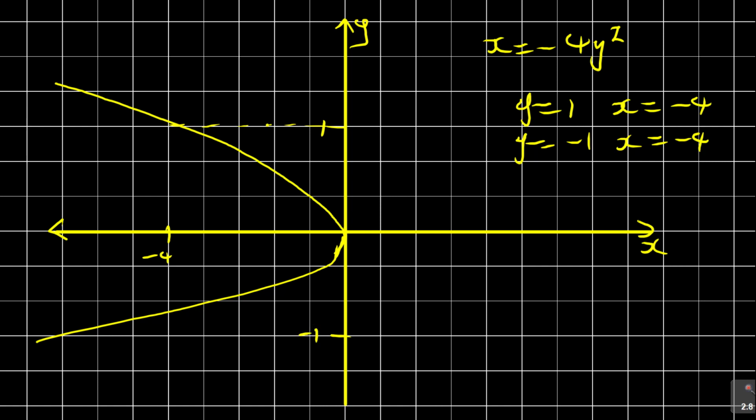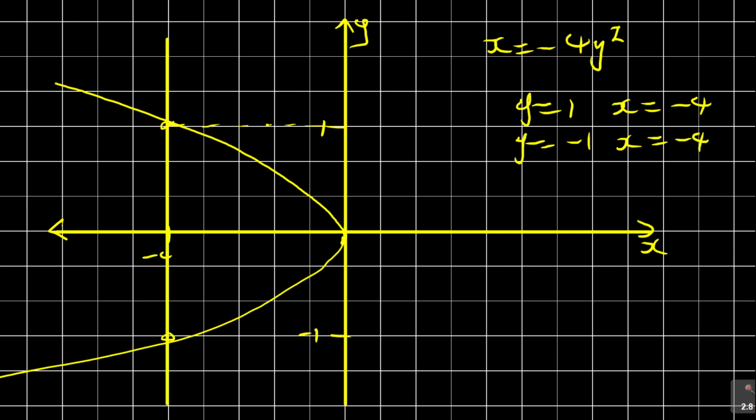So this graph is supposed to pass through these two points, that point and that point. So if I draw this graph, something like this, that is the graph, because this becomes my reference line, like that. So you see that. This is the graph of x is equal to -4y squared.